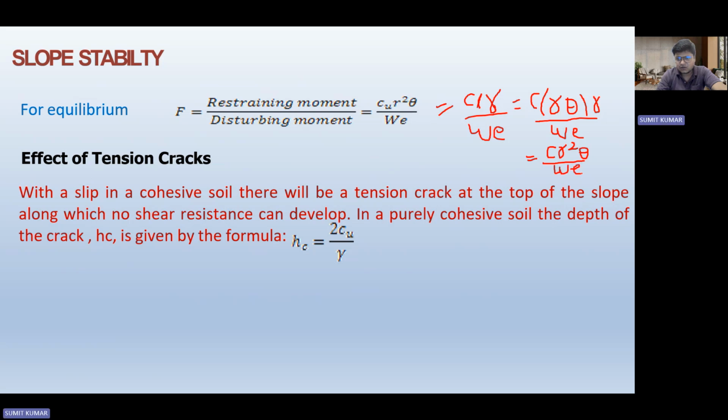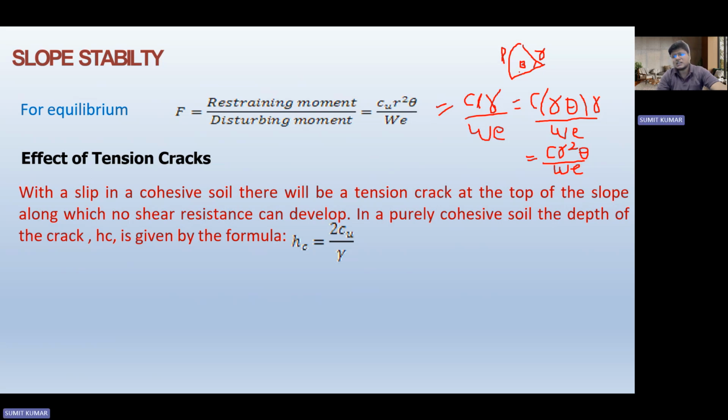Okay. Now, another thing is also there. Let us understand that if this is the arc, this is R, and this is L, when this is theta, right?